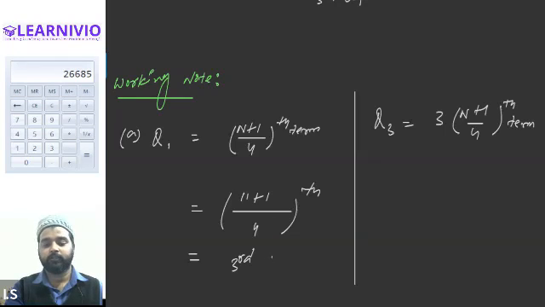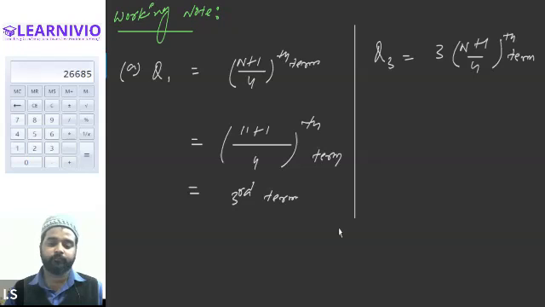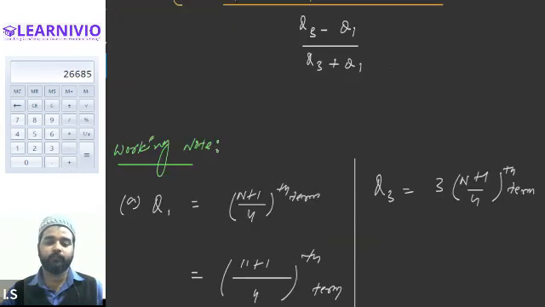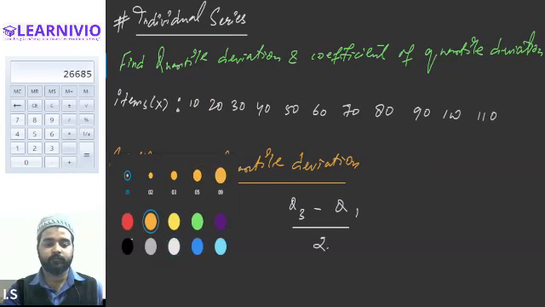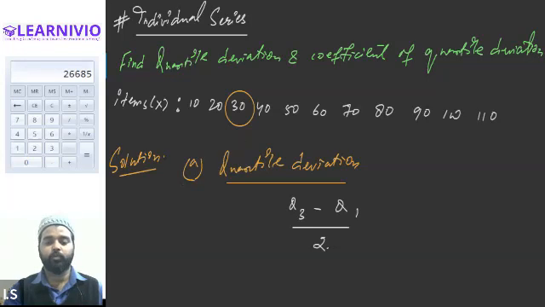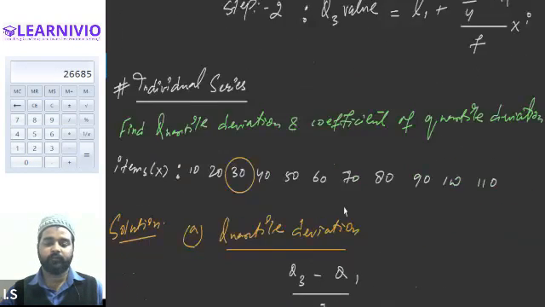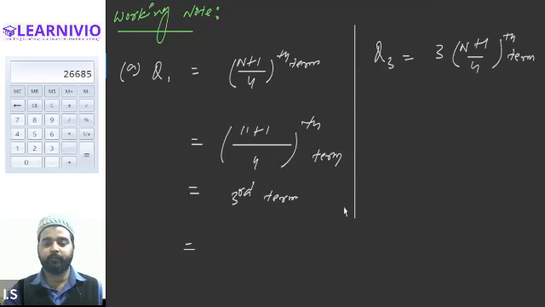That means the third term is quartile 1, the lower quartile in this case. The third item in this series is 30, so Q1 will be 30.